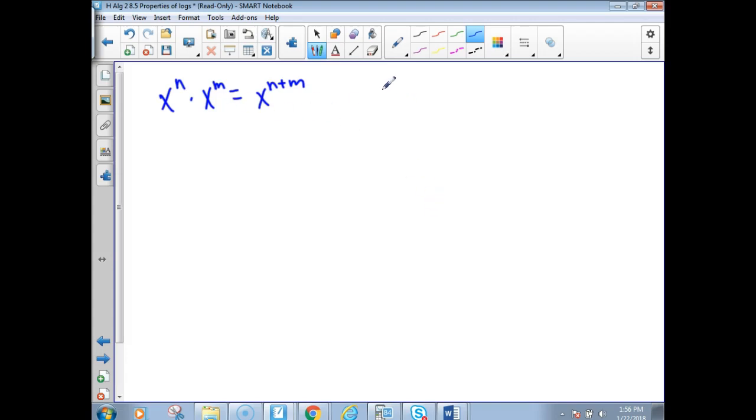Okay, so if you had the log in base b of n times m, you could write it as two logarithms in a sum, because this is a product and the logarithms are exponents. You could rewrite this as log in base b of n plus the log in base b of m.